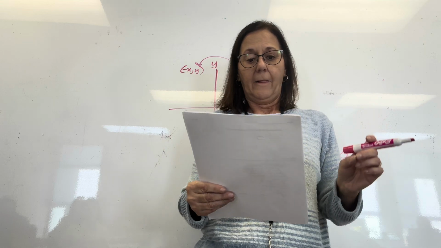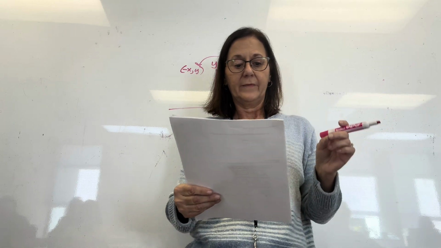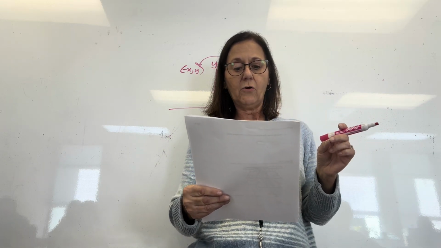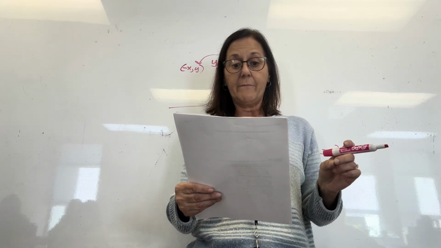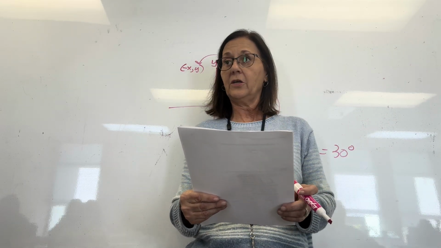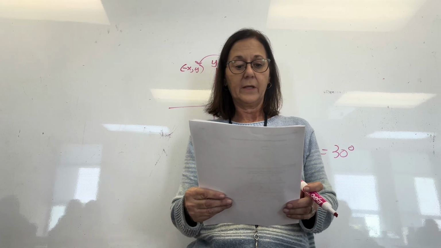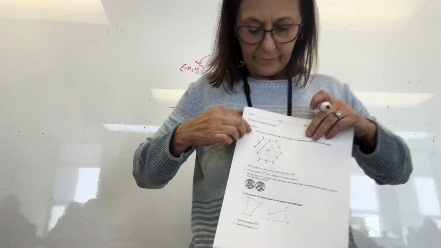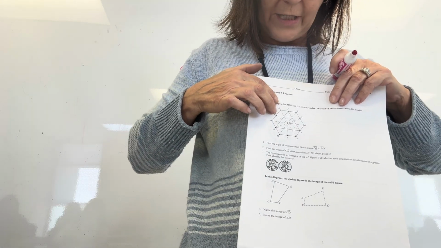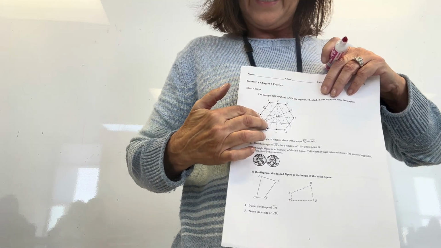All right, now, let's look at number 1. It says, find the angle of rotation about O. So O is the center of rotation. That maps PQ, do y'all see PQ? That line segment to MN. So we want to take PQ and rotate it all the way to MN.